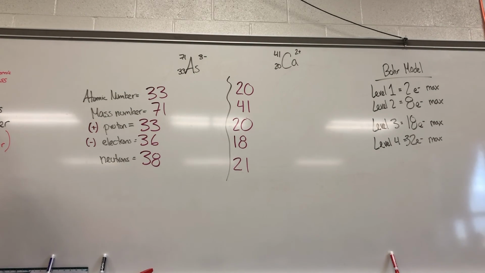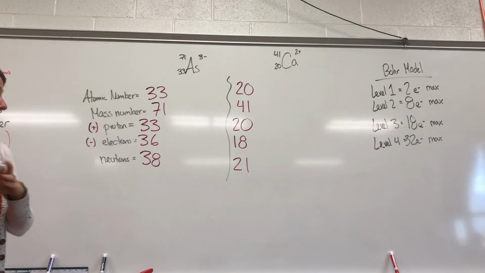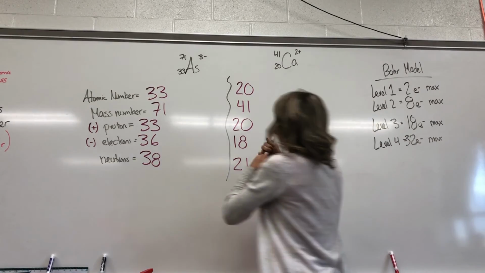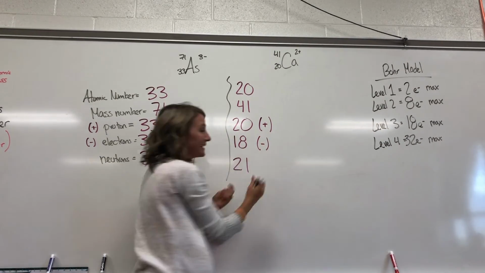I hope that electrons are the hardest thing for you to find right now. If that's the hardest, that's okay to struggle with, because that's mostly what was new today. So as you practice it, you should get better at it. But yeah, question, Mia? Can you explain how you got the 18 one more time? Yeah. So I know the charge is +2, and so these things are my positive things, and these things are my negative things.